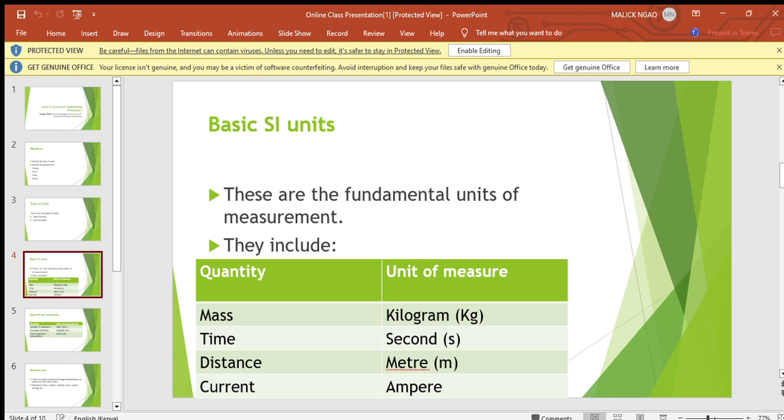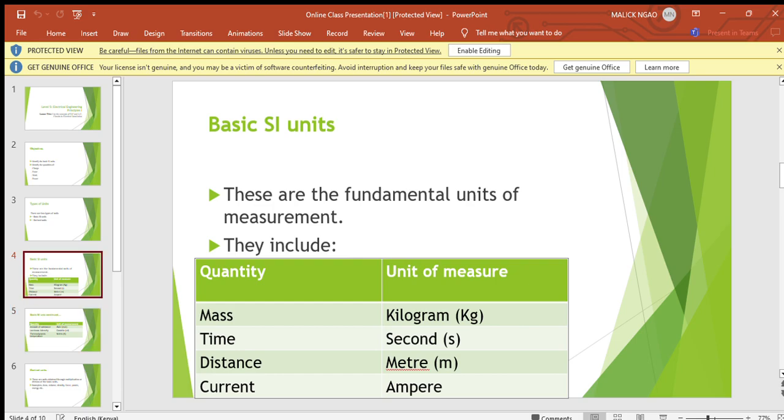We also have the other basic SI units, that is the amount of substance.